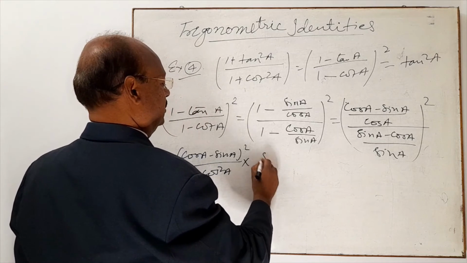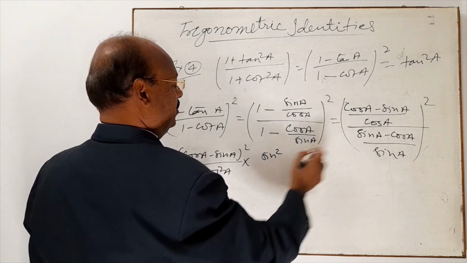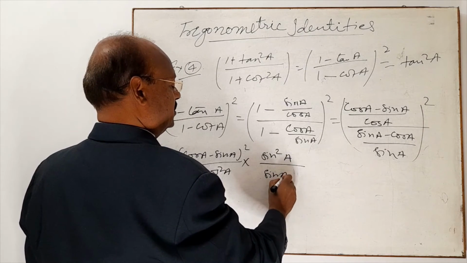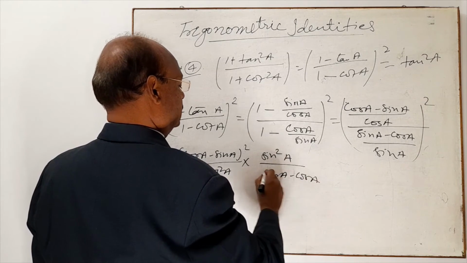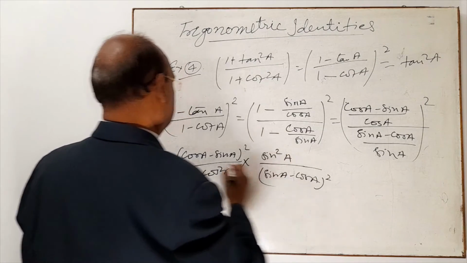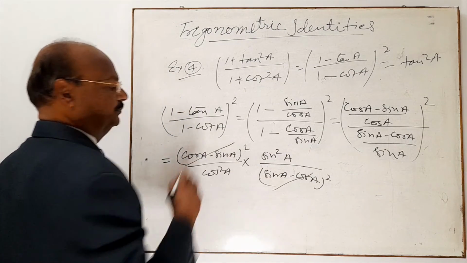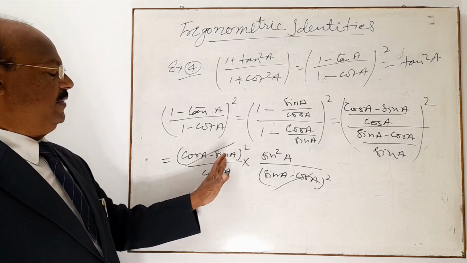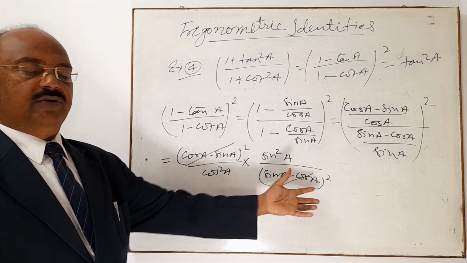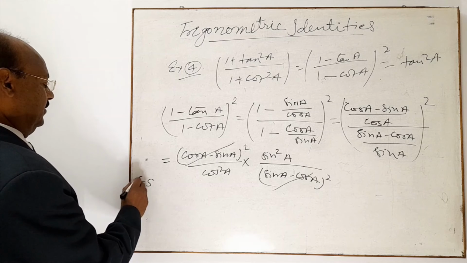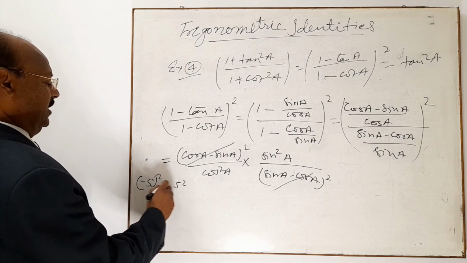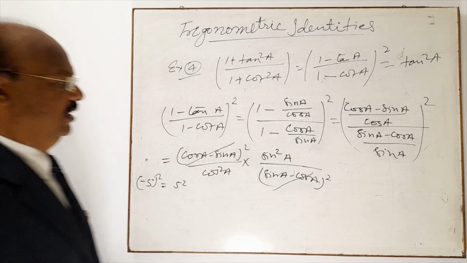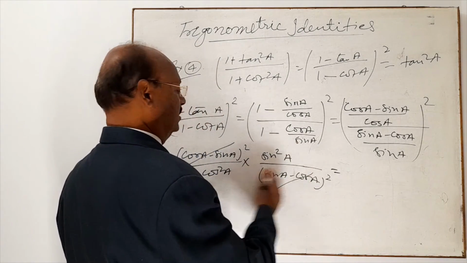So, by writing the reciprocal of this one, sin²A by (sin A − cos A)². So this will be cancelled out. The squares of cos A − sin A and sin A − cos A will be equal. As you know, (−5)² or 5², both are equal. Similarly, we can cancel out, and finally we'll get the result here.